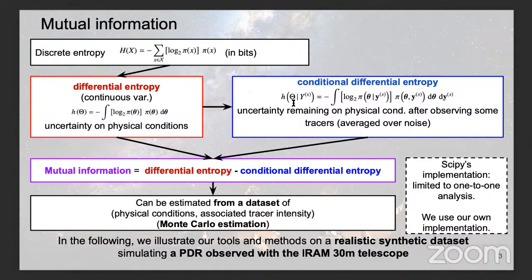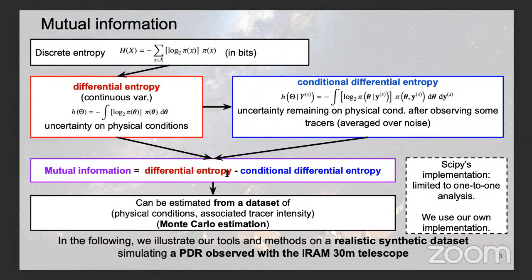And combining both of those by taking simply the difference between the entropy for the prior distribution of the physical variables minus the conditional entropy, so the uncertainty that remains once you have observed, you get what's called the mutual information, which is the information that the observable tracers gave you about the physical variable.